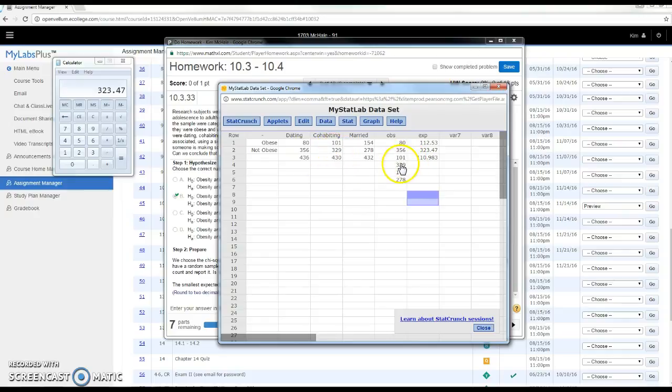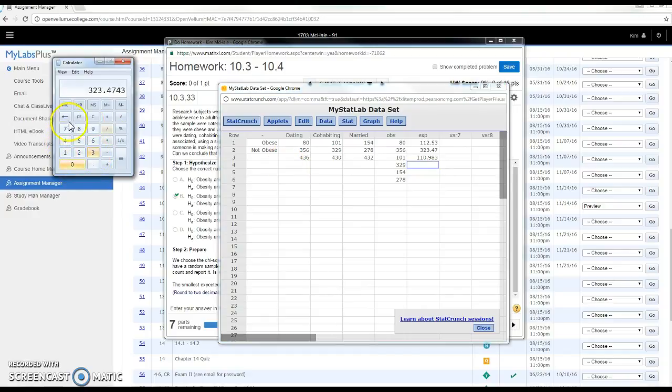So now I'm at the 329. That would be the 430 minus the 110.983, which is 319.017.